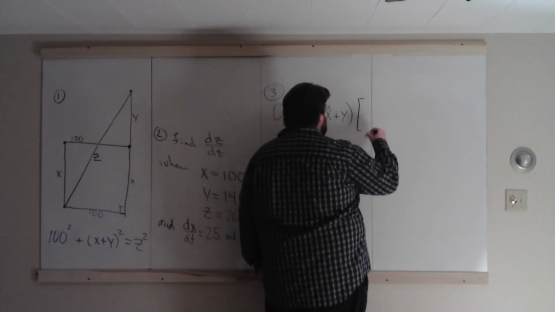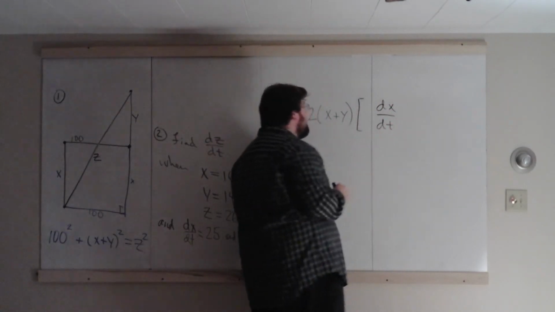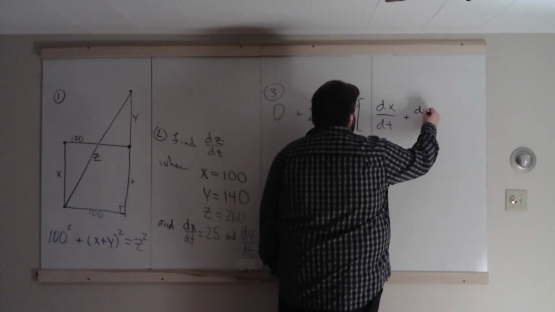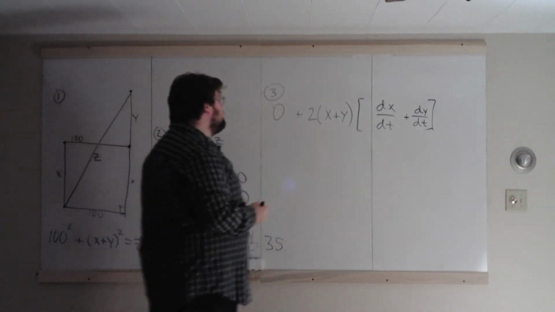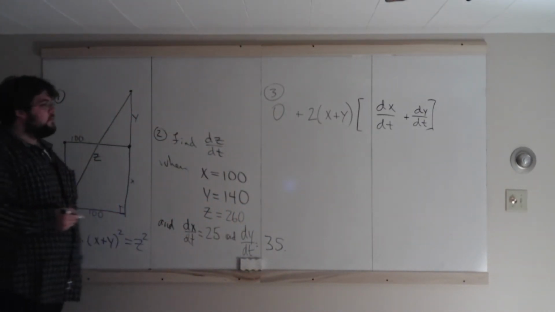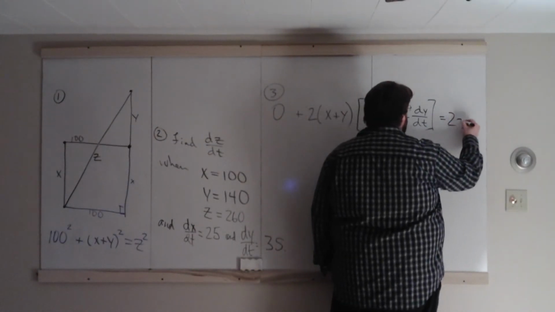Derivative of the inside: the derivative of x with respect to time is dx/dt. Derivative of y with respect to time, dy/dt. Now on the right side, we have z squared. Derivative of z squared. z is also a function of time.